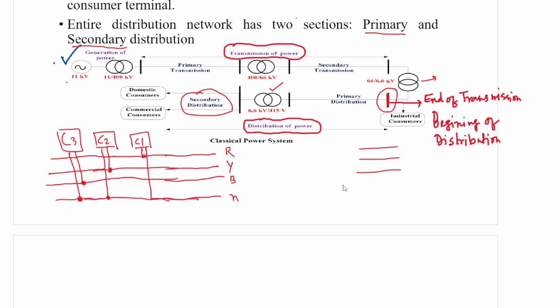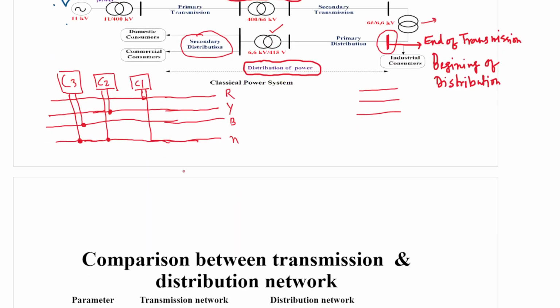And finally, if we have a commercial load, like a big shopping mall, or a cricket or football stadium, there you will require a three-phase supply. So in this way, the entire secondary distribution network is formed.